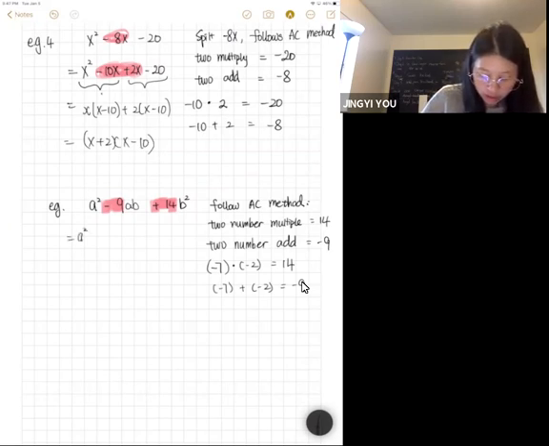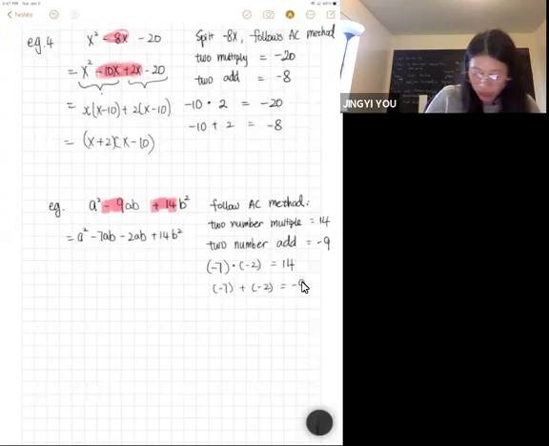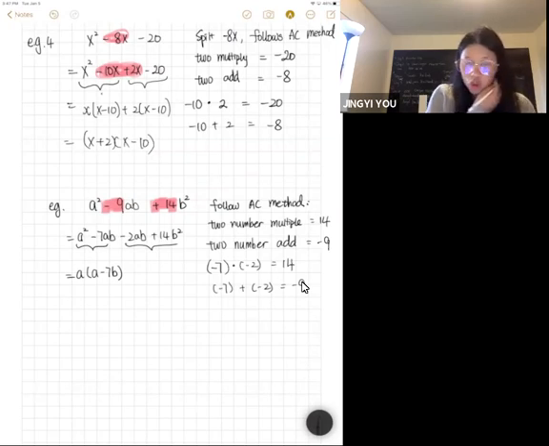So that we have a squared minus 7ab minus 2ab plus 14b squared. And then we split into two groups. For the first group, I have the common factor a, and then a minus 7b, right? And for the second group, what's the common factor? 2b or -2b.